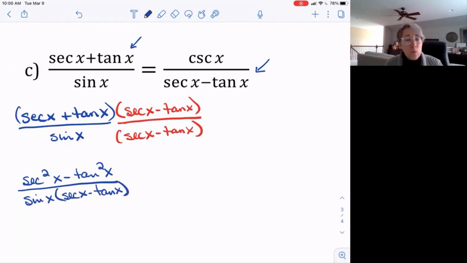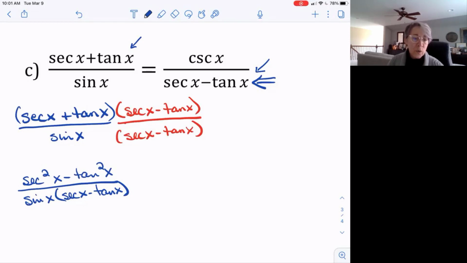Now, you may on the bottom be tempted to distribute the sine x or change the secant and tangent into sine and cosine. But remember what we want our function to look like. We want that secant x minus tangent x to be in the denominator because that's what we're verifying. So instead, let's leave those two factored on the bottom and deal with the top.